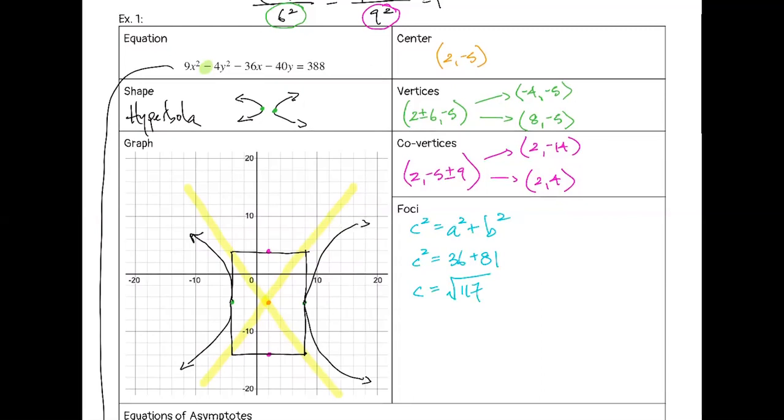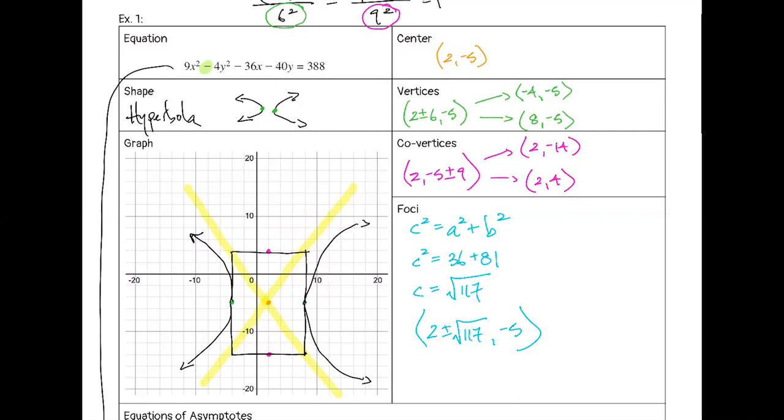And because those are along the semi-transverse axis, I want to go ahead and add and subtract this to the x value of my center. So 2 plus or minus root 117, comma, -5. All right, and root 117 is about 10.8.